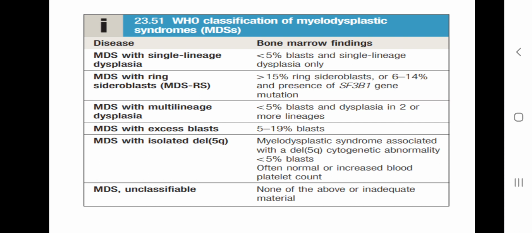There is a WHO classification of myelodysplastic syndrome which you would have come across in pathology as well.